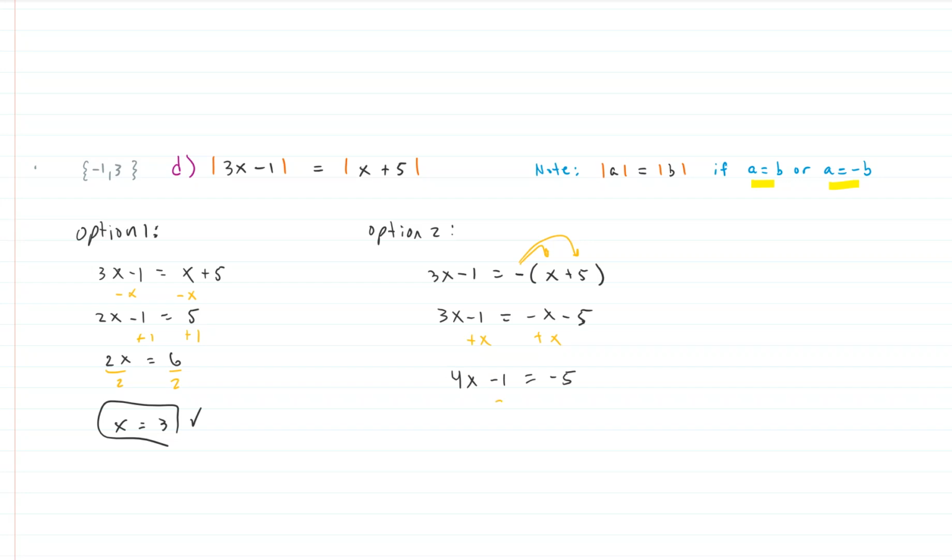Let's add 1 to both sides. We get 4x equals negative 4. And we divide by 4. That leaves us with x equals negative 1. That one is also a valid solution. You could check it by putting it back into the original equation and verifying you get a true statement out.